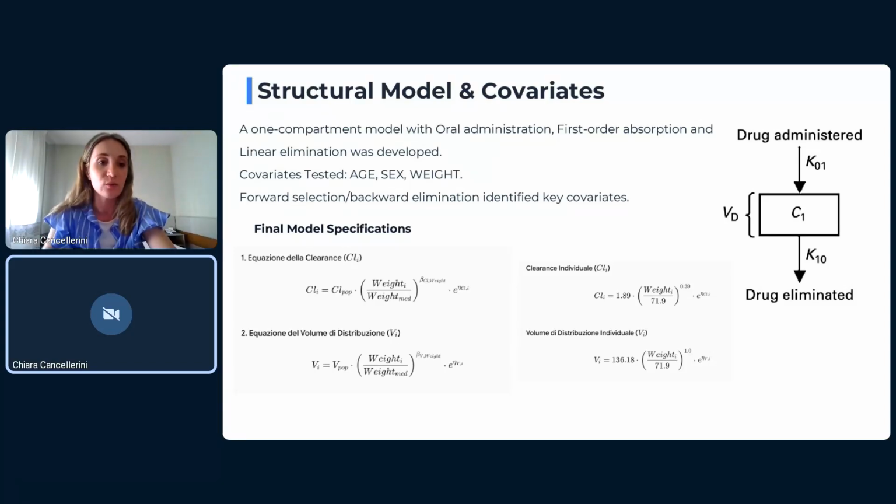Body weight emerged as the only significant covariate that impacts both clearance and volume of distribution. And the final model specification, at the bottom, is where the weight was integrated into the model with our median population weight of 62 kilos.